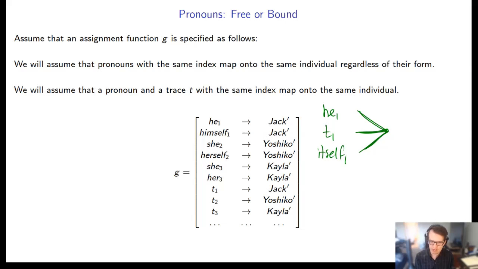So when you do an assignment function replacement on T1, you're really doing an assignment function replacement on everything with a 1.